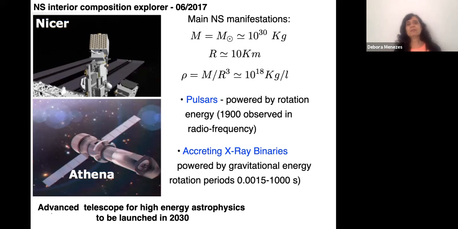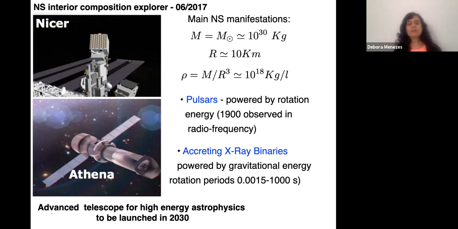In 2017, there was a telescope called NICER, an acronym for Neutron Star Interior Composition Explorer, that was launched and has already sent data to Earth, and people have used this data to constrain equations of state that I'm going to show you soon.